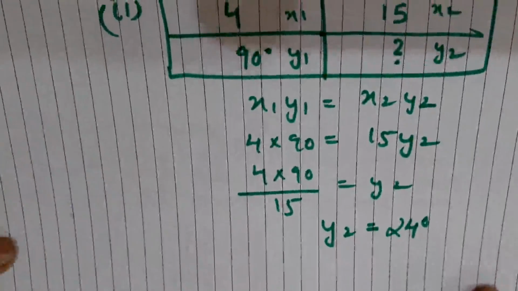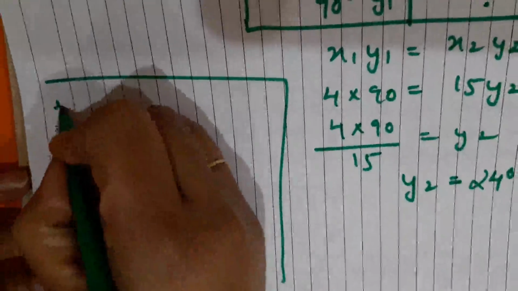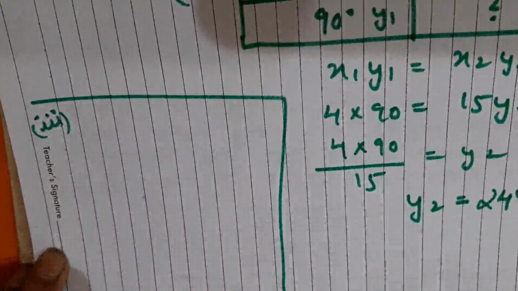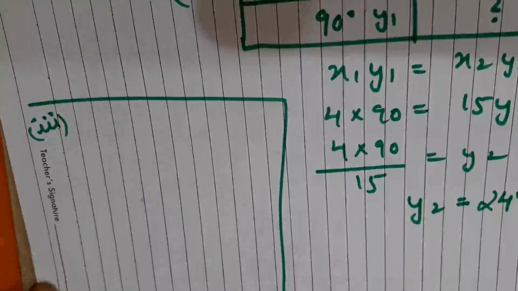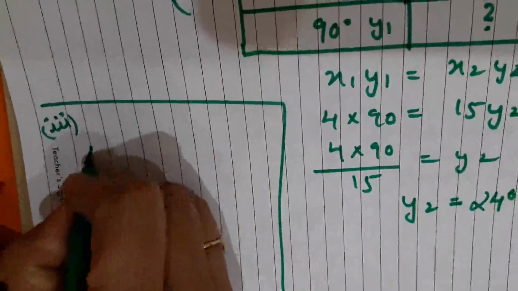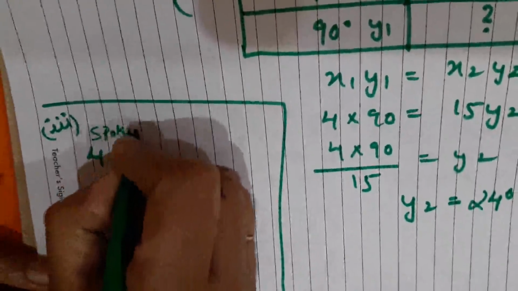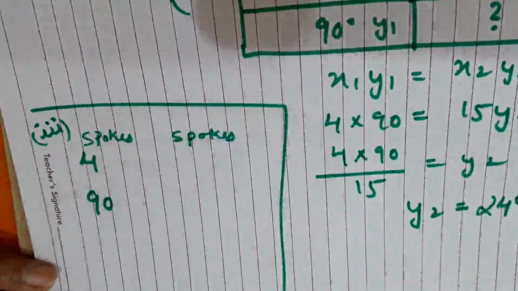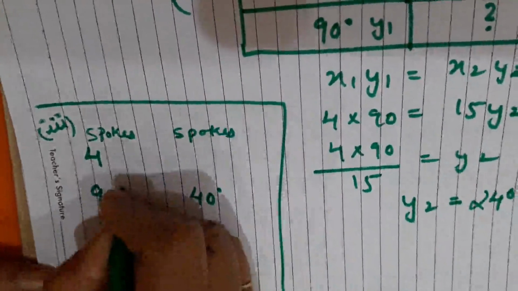Now let's solve the third part. The third part is, how many spokes would be needed if the angle between a pair of consecutive spokes is 40? Now let's again make the table, 40 and 90. So if spokes are 4, the angle is 90, and we need to find the spokes if they are making a 40 degree angle.